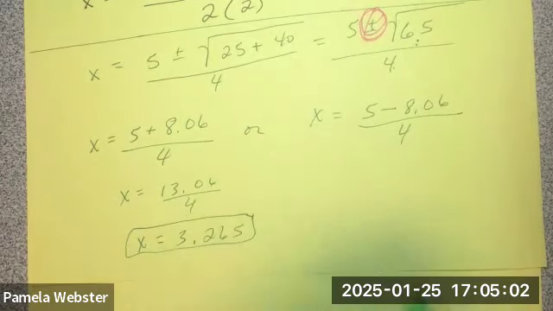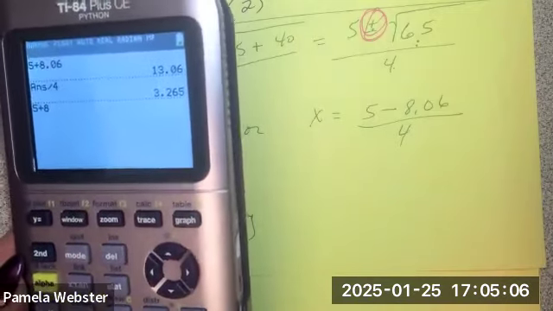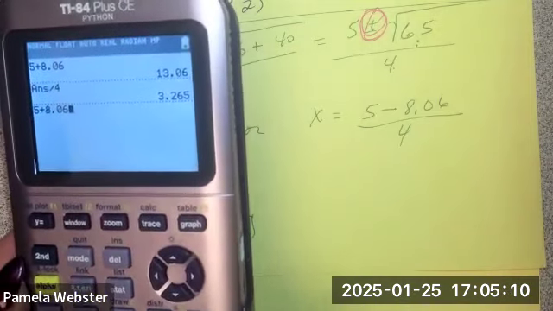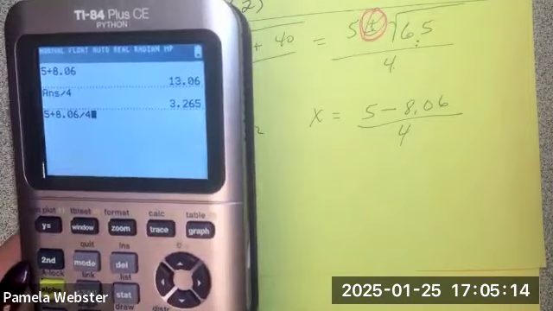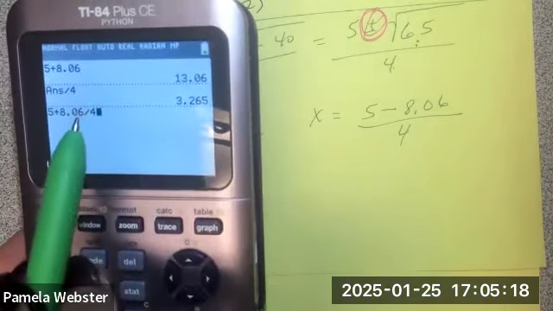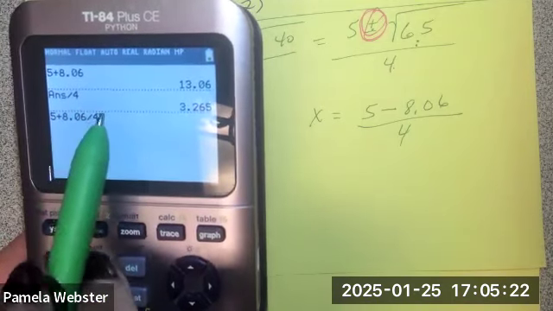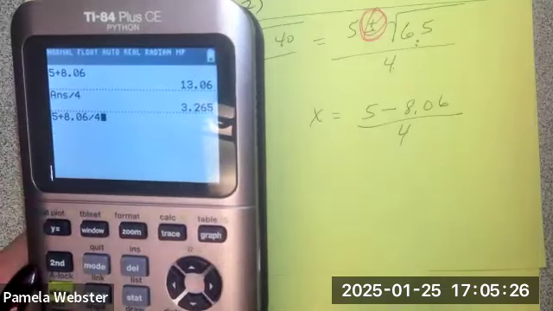If you're not sure about that, the reason I say be careful with it is because if you do 5 plus 8.06 divide by 4, what do you think is going to happen? I'm not going to get the same answer. The reason why is because it's going to divide the 8.06 by 4. It's going to get a little bit more than 2, and then it's going to add that to 5.